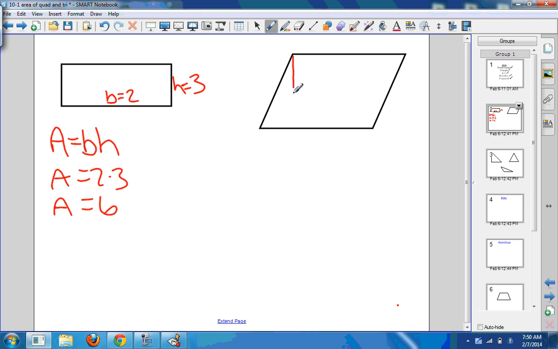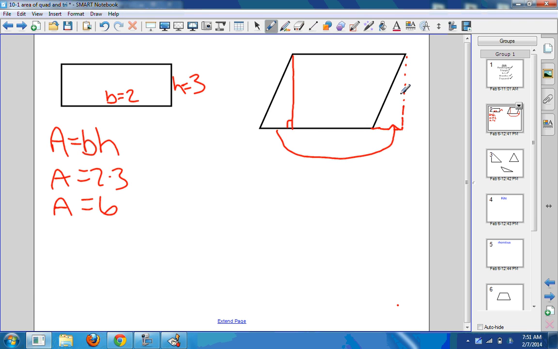So if I turn this into a right triangle, and imagine I break this triangle off on the left side, and I move it over to this open space on the right side. Our shape is going to make a rectangle.